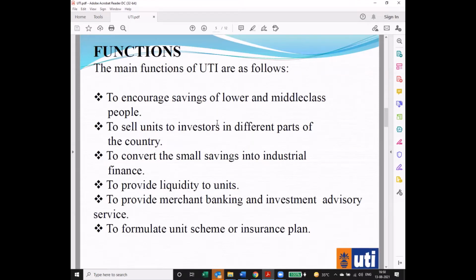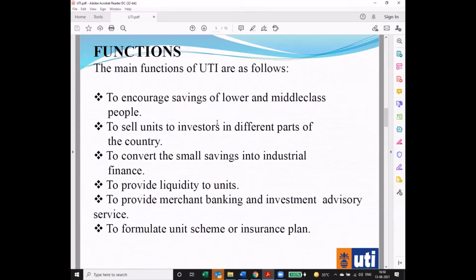What were and what are the primary functions of Unit Trust of India? Encourage savings of lower and middle income groups, sell units to investors in different parts of the country. As I said, everybody knows that if you are aware, you people have studied insurance. Life insurance is sold in 2 different parts.